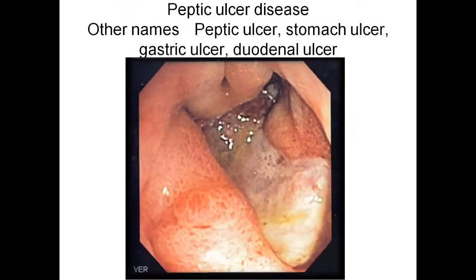Next disease, you can see peptic ulcer disease. Other names are stomach ulcer, gastric ulcer, and duodenal ulcer. An uncomplicated ulcer does not lead to these complications, but only a complicated gastric ulcer can lead to complications with peritonitis and maybe internal bleeding.